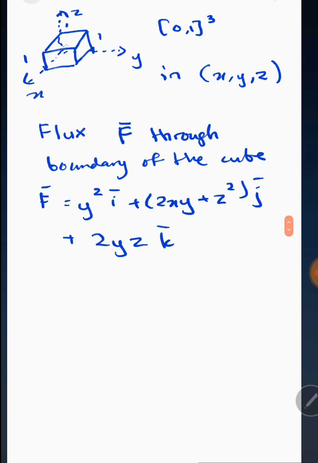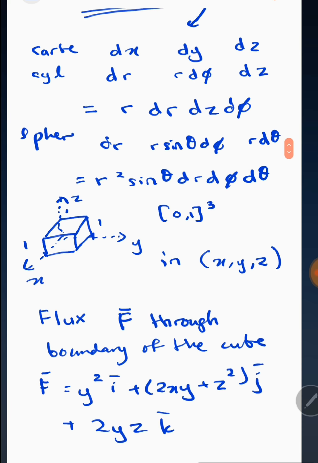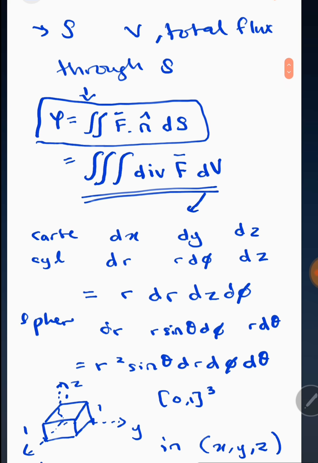For one cube, we have six sides, right? So again, flux is what? According to your previous surface integral across a vector field, it's given by F dot n cap dS, isn't it?